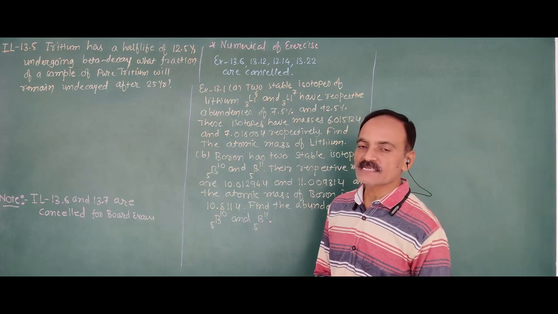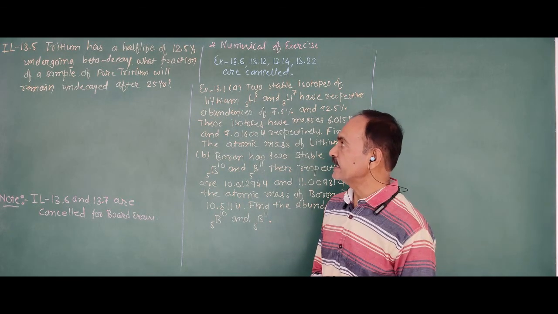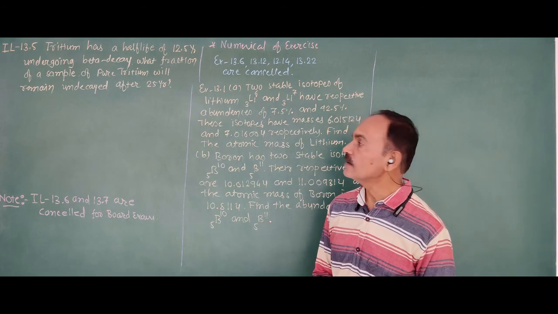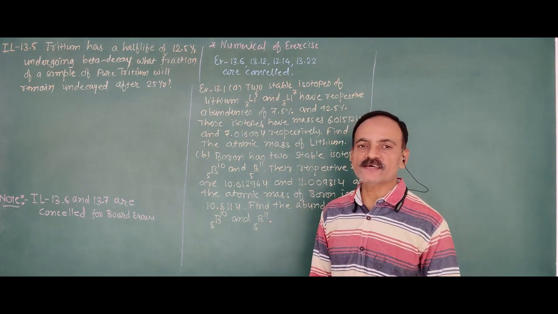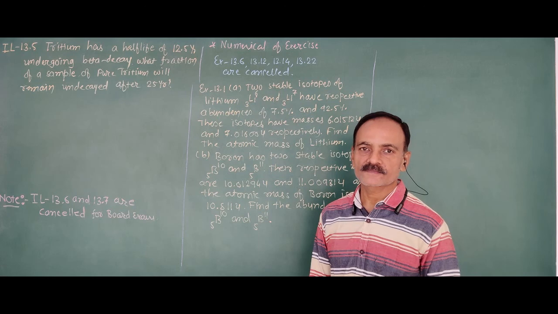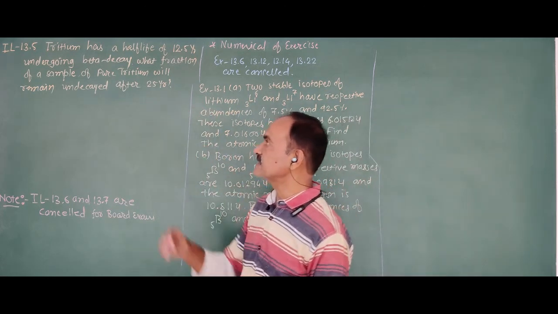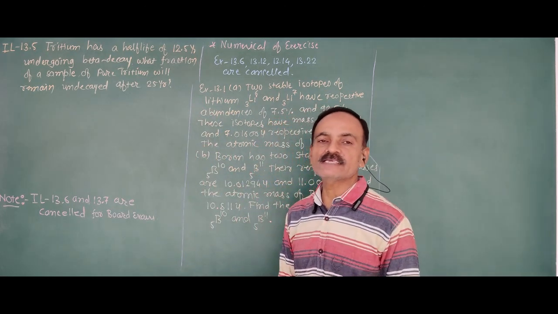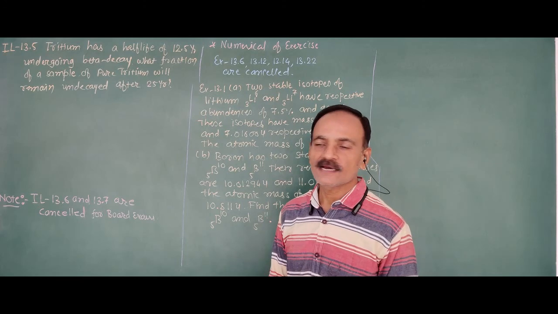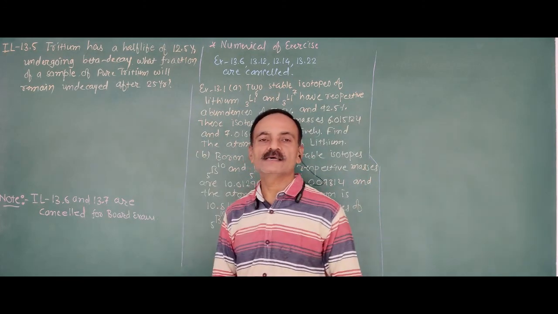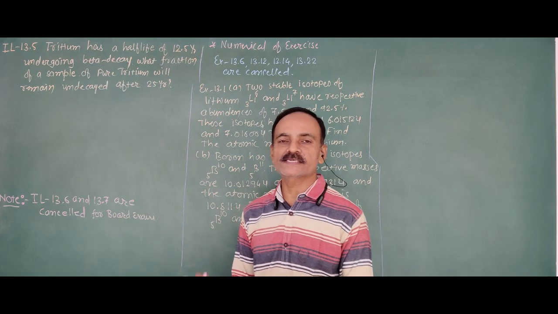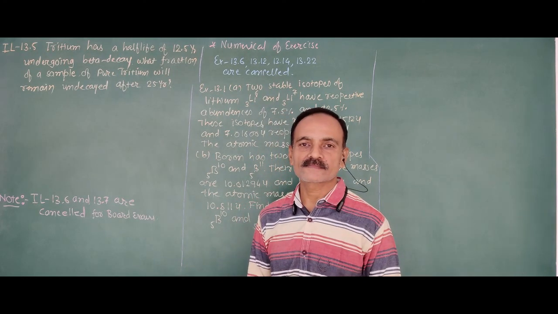What fraction of a sample of pure tritium will remain undecayed after 25 years? Here the half-life of tritium is given, undergoing beta decay. After 25 years, whatever part of the tritium is undecayed.